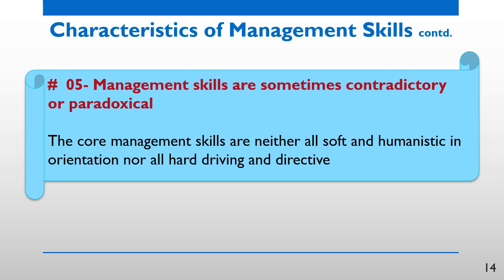So, therefore, sometimes some skills may be encouraging a person to be very kind and very humane. But at the same time, the same skill may support the person to make a very methodical and very tough, hard decision. That is what we mean by paradoxical as well.